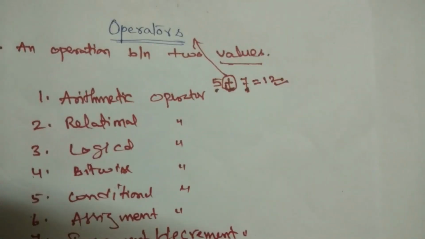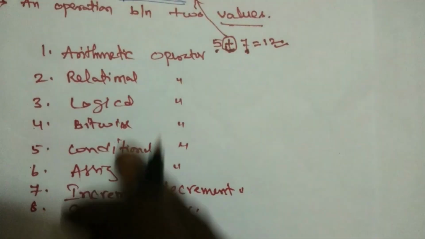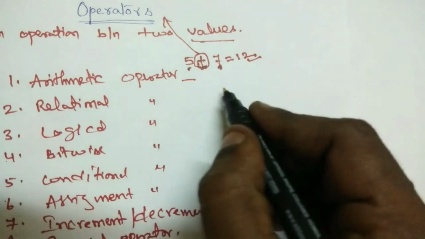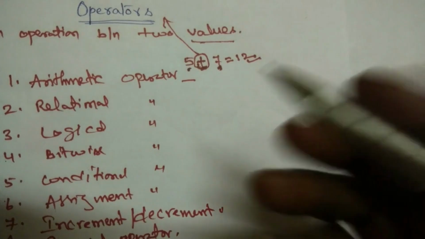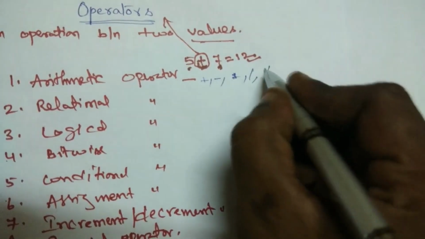What is the need of an operator? We can perform some operation between two values. How many ways do we have to perform this? These are the different operators to perform the different operations. The arithmetic operators are addition, subtraction, multiplication, division, and modular division.